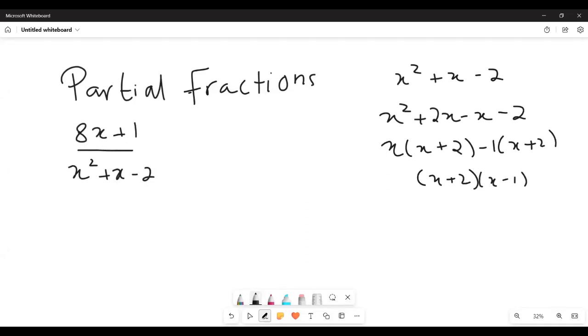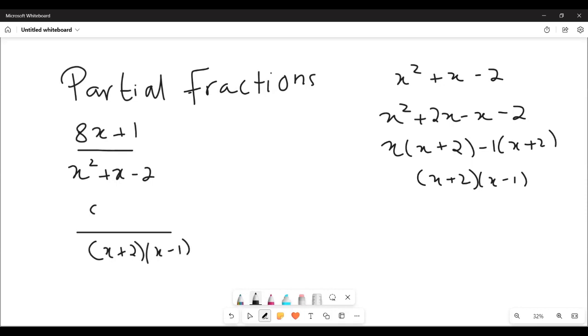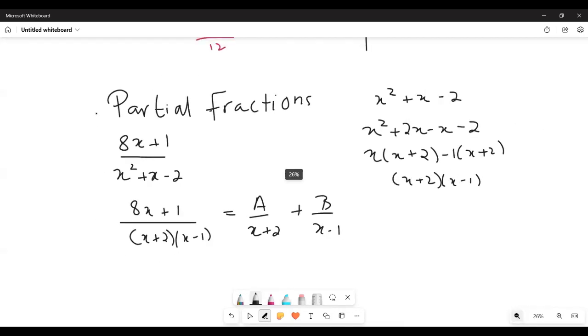So that gives us this in the denominator and 8x plus 1 in the numerator. अब इसकी partial fraction कैसे होती थी? A upon x plus 2 plus b upon x minus 1. अब हम इधर एलसीएम लेंगे और डिनोमिनेटर को खत्म कर देंगे.